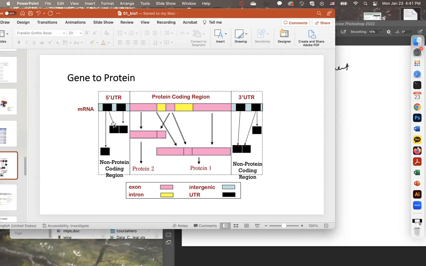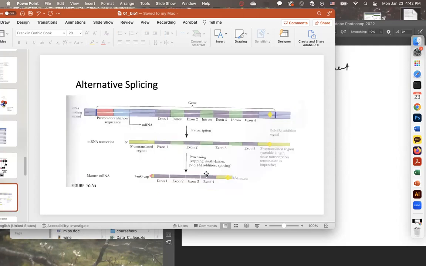So this 5' is the front end, and 3' is the trailing end, right? So they are separated by these two UTRs, and within the coding region, again, the exons are combined into different proteins. And that's how, with a small number of 20,000 genes, humans can have such a wide variety of functions.